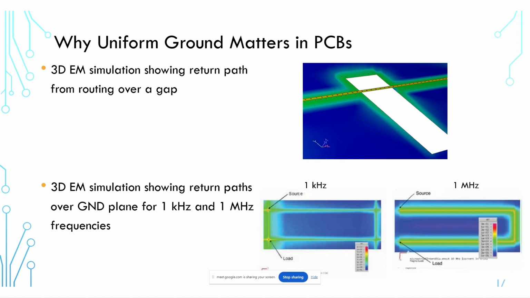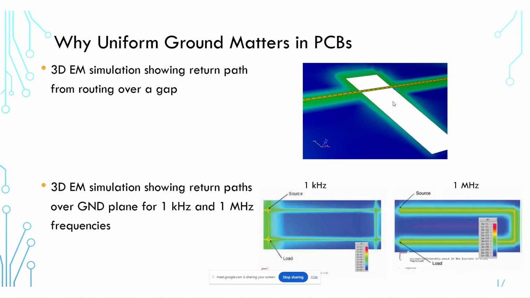So what is the frequency where we start to care a lot about the return path, particularly in high-speed PCBs versus a mixed signal PCB? Well, here what I'm showing in the top half of this image is a simulation result that illustrates what happens to the return current around a slot in a ground plane. Now, most PCBs are not going to be designed with a slot like this.